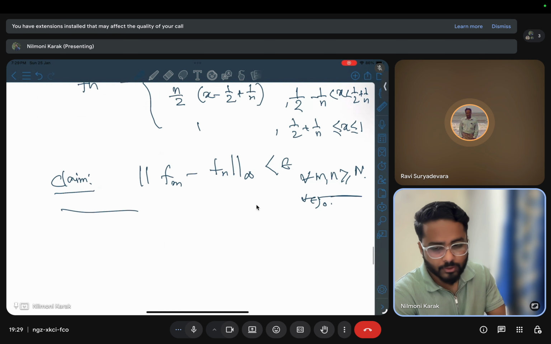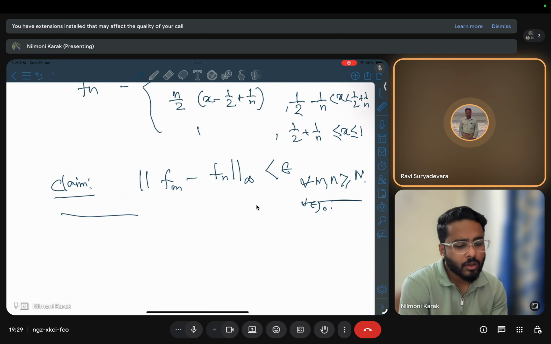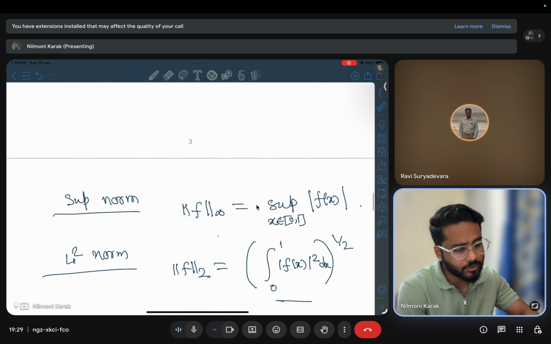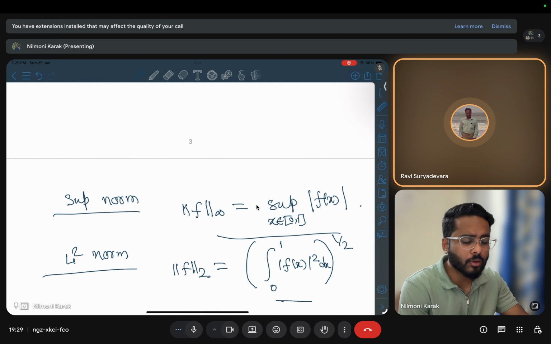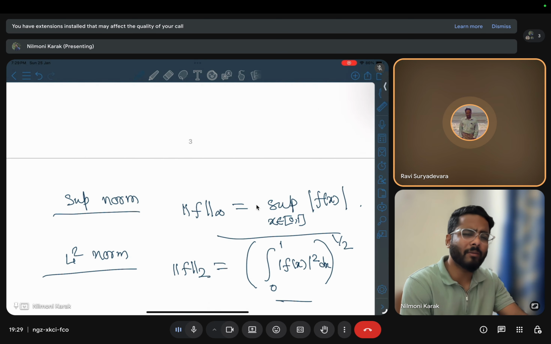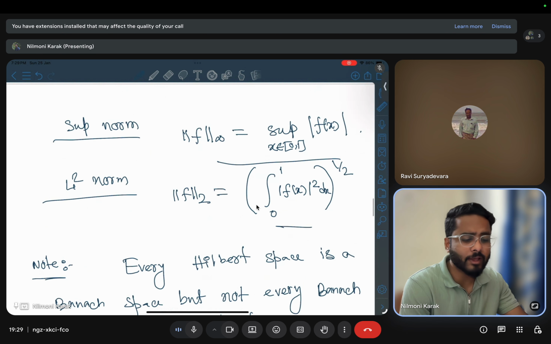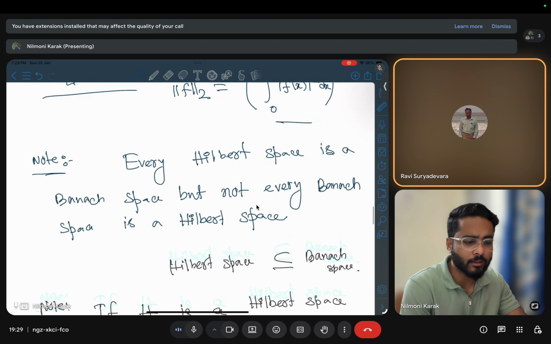One doubt, can I ask? Yes. What is the subnorm? I already defined it: this is the supremum, the supremum of the maximum absolute value. Even if it is outside the set, you take the supremum?